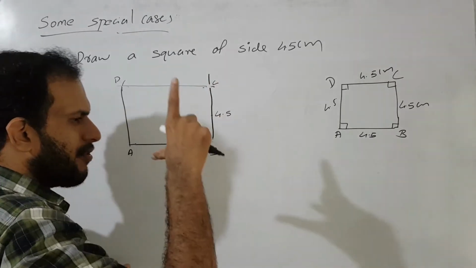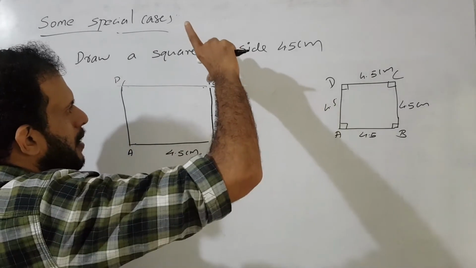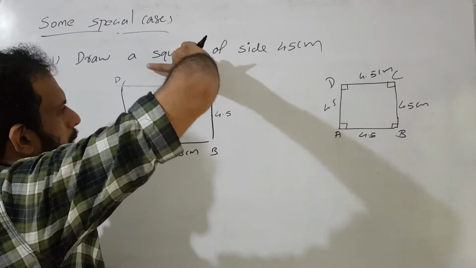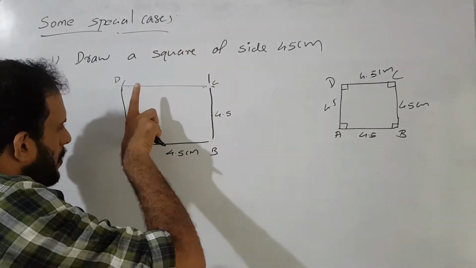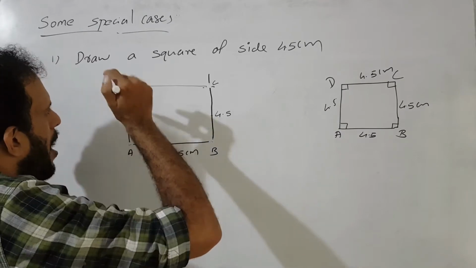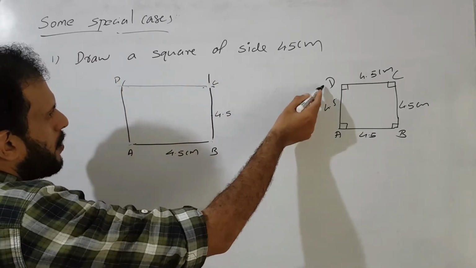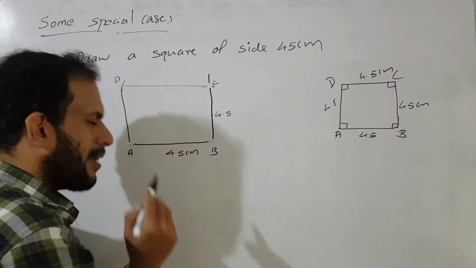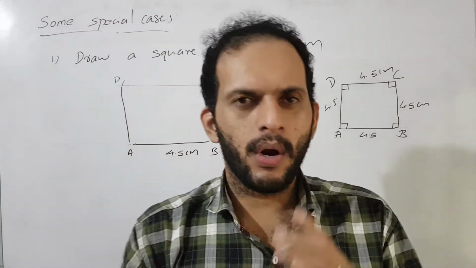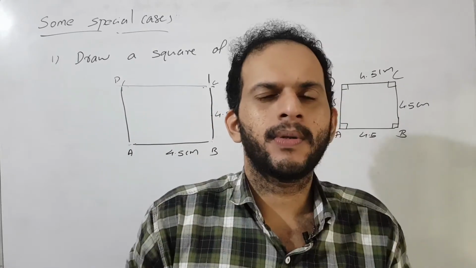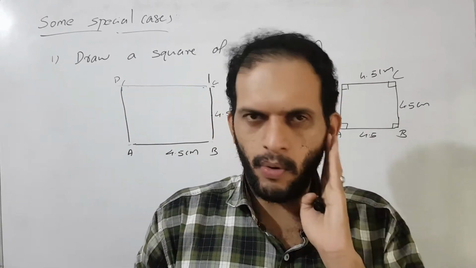Then with the same measurement we keep the compass on the cutting point and draw another arc, and keep the same compass measurement on A and draw a second arc. The two arcs intersect at a point. We mark that point D and join D to C and D to A. That time we get a square. All the side measurements of that square are equal to 4.5.